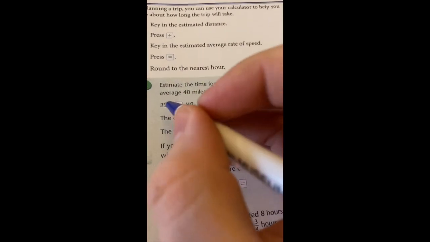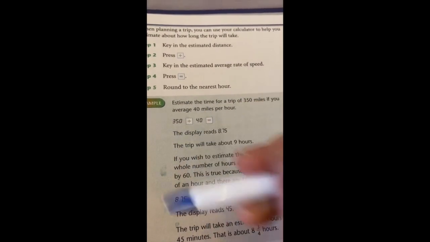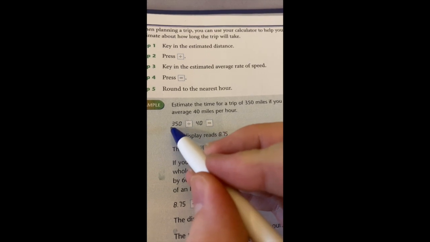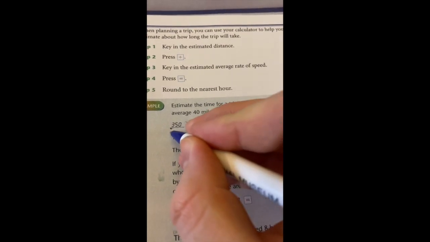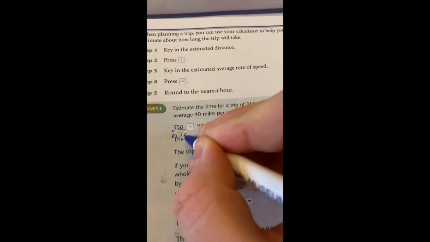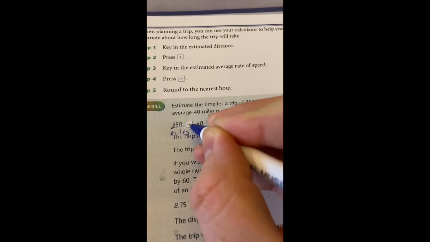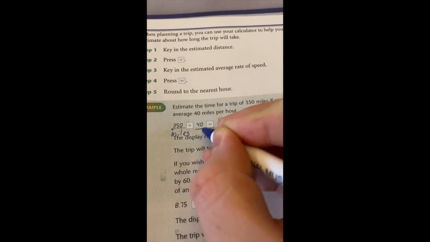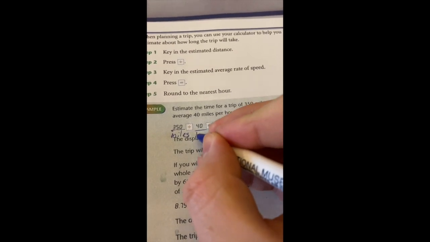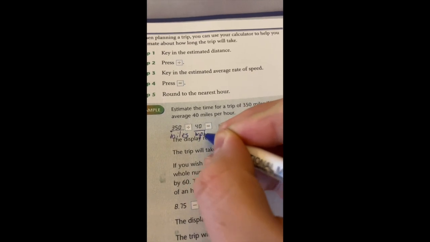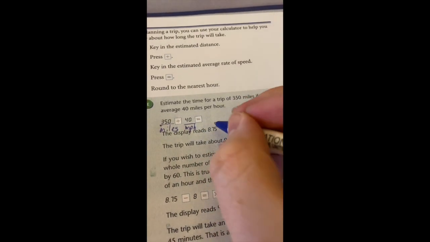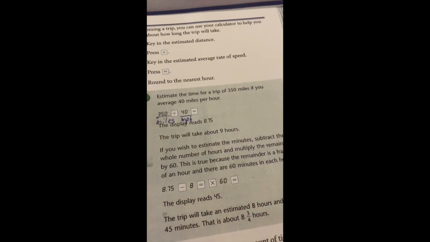Well, literally, the calculator steps are listed right here. The first thing you do is list how many miles you have, then press the divide symbol, then you type in the number representing the miles per hour, mph, then the equal, and then you'll have your answer.